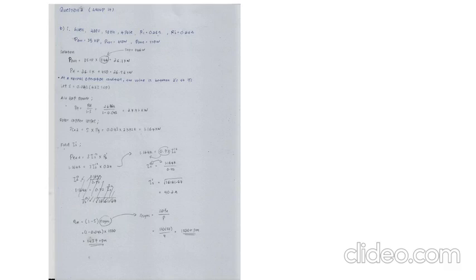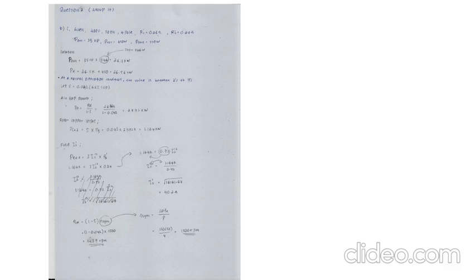Based on the value given, we can change the value of 35 horsepower to kilowatt, which we need to multiply by 746. 35 horsepower times 746, we got around 26.11 kilowatt.